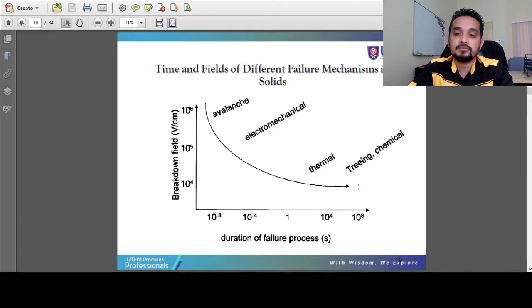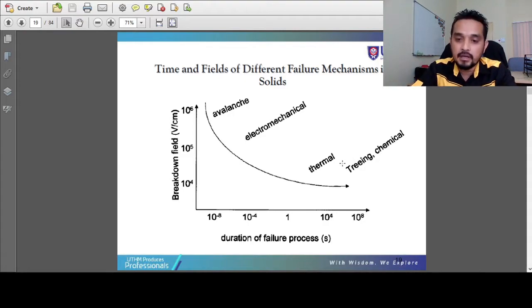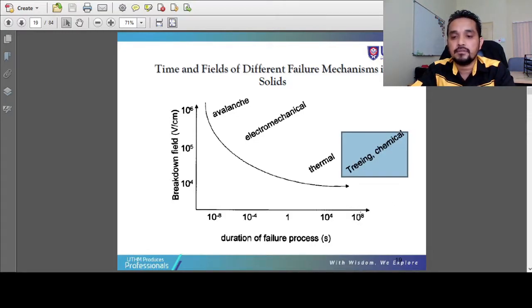This means that these failures require a prolonged period of time. With time we will have the treeing phenomena and chemical effects, including cracking and erosion, until the insulator fails, which is not like the avalanche process that happens in a very short period of time.